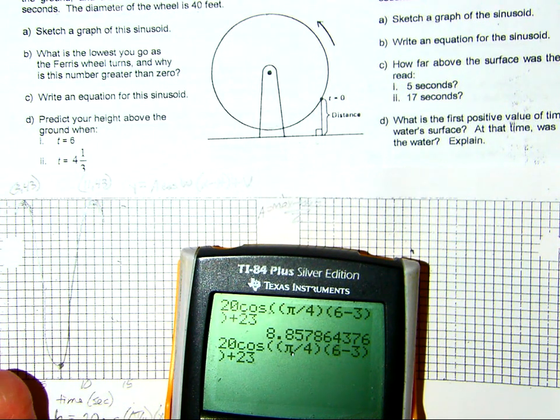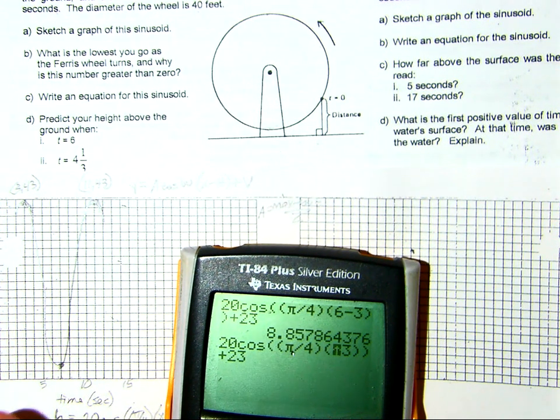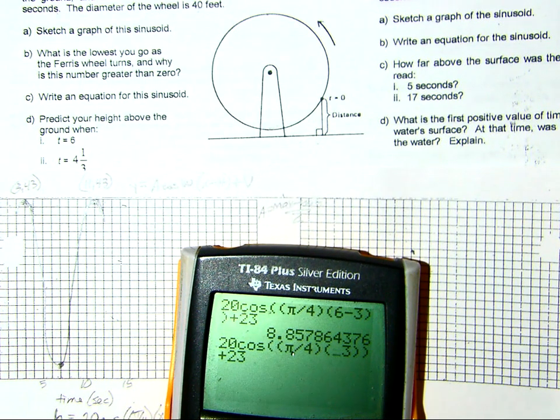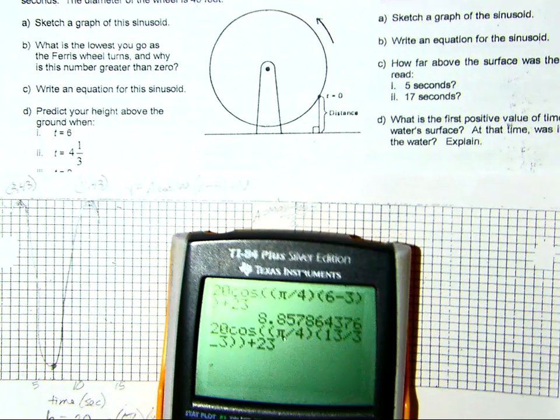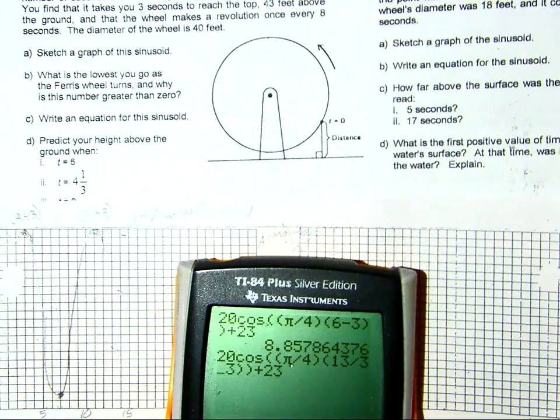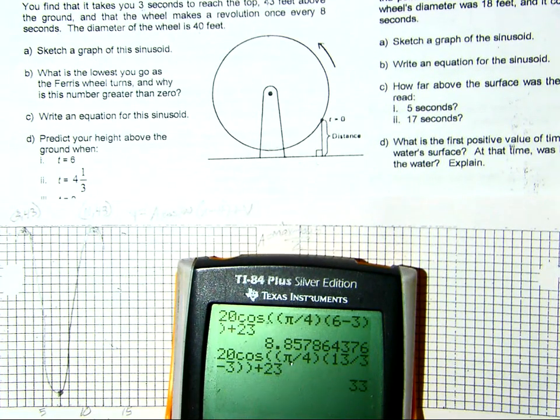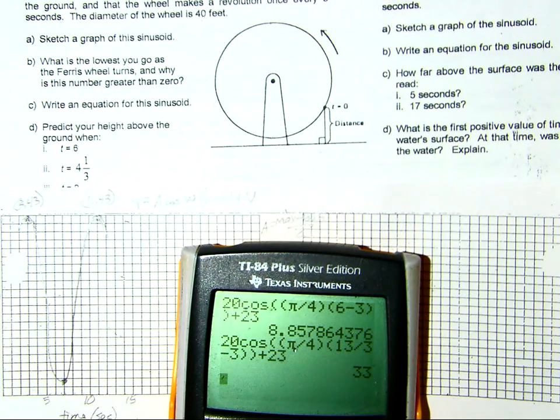Say I'm going to delete that 6, and I'm going to hit second, and then above the delete it says insert. Notice my cursor changed. For 4 1/3, I'm going to enter 13 thirds. 13 divided by 3. So you see now I have in there 13 thirds minus 3, and I can hit enter again. That'll tell me that's at 33 feet.